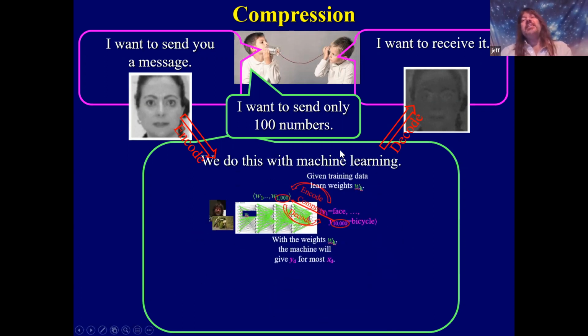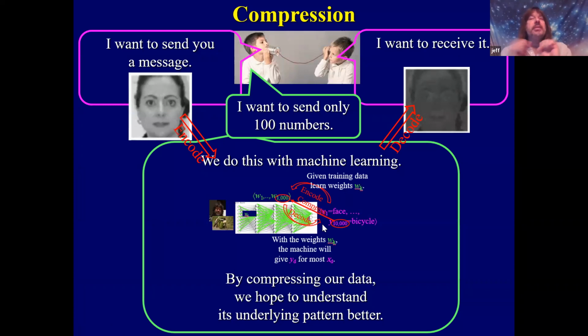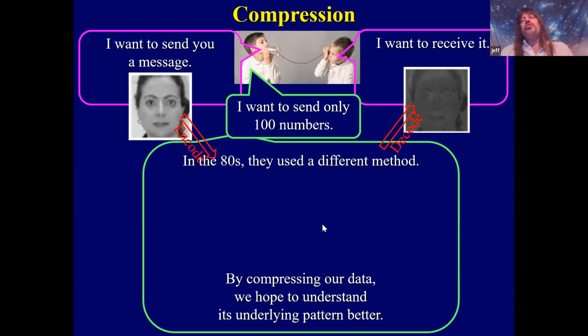All right, so we did this kind of compression before when we were talking about machine learning, and the purpose was that if you can compress it so far, then you must be somehow extracting out the pattern. You must be finding out what the key 100 numbers are to represent this, and maybe then when you do machine learning, you can learn from these 100 numbers better.